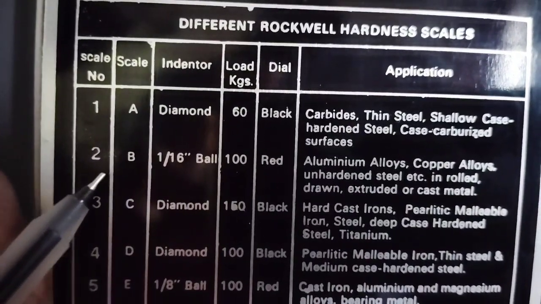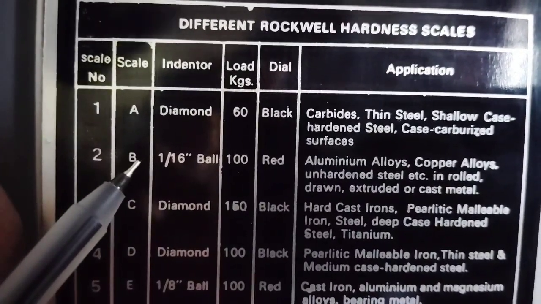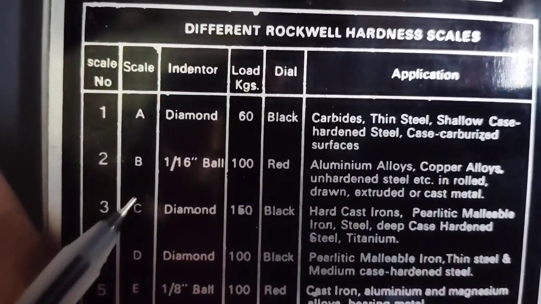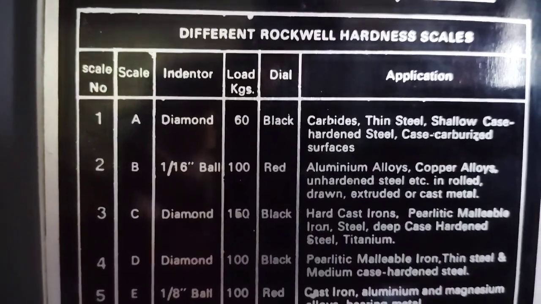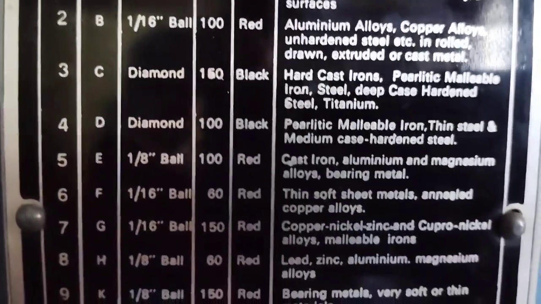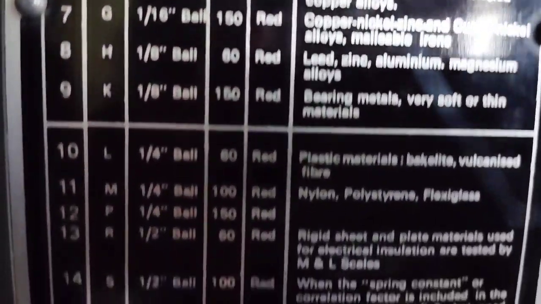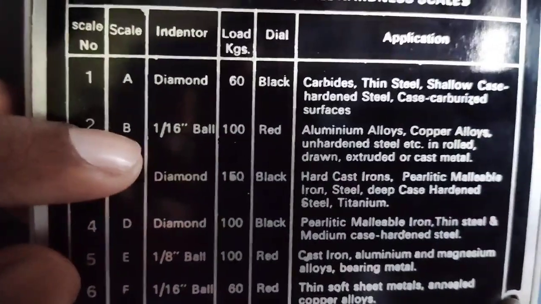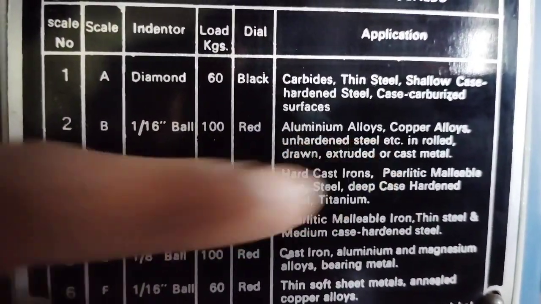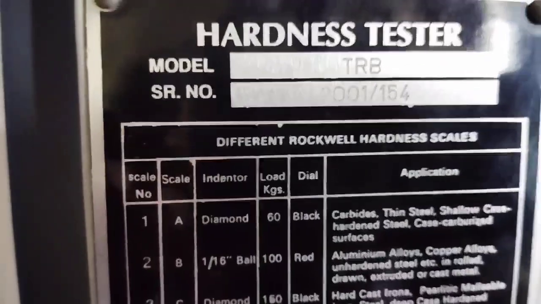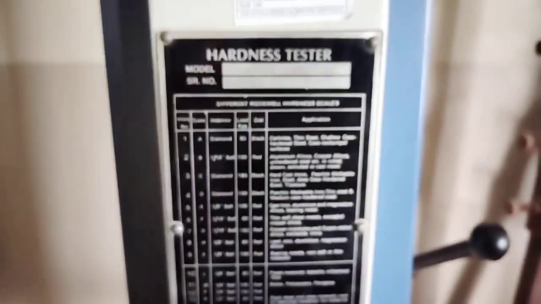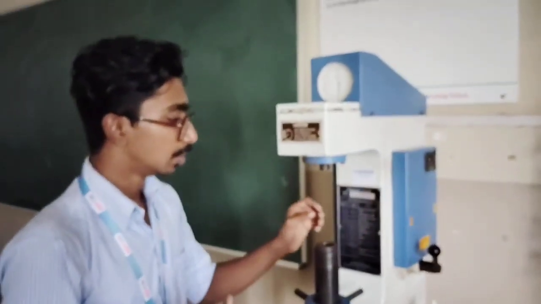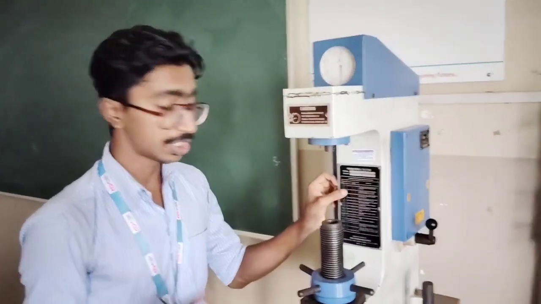And we will have a scale called B. So when we are calculating the amount of load applied, we will have a unit called HRB for aluminium. So the unit will be HRB.